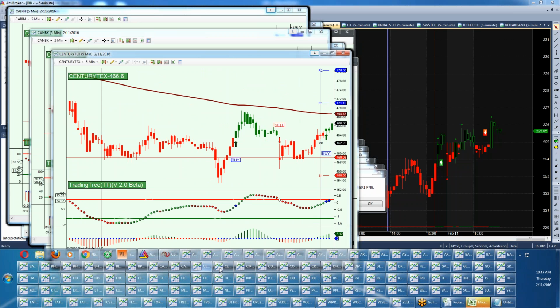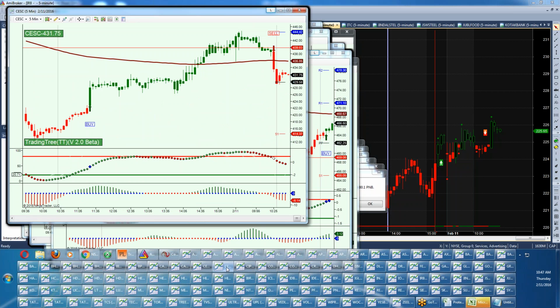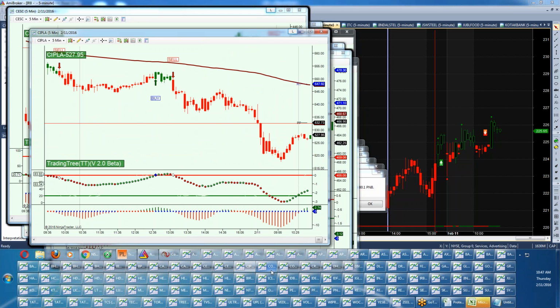Century Textiles, we have a buy. The CSE sell call did all its profits.